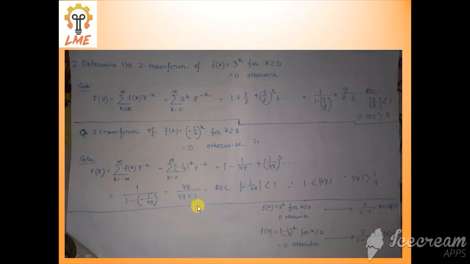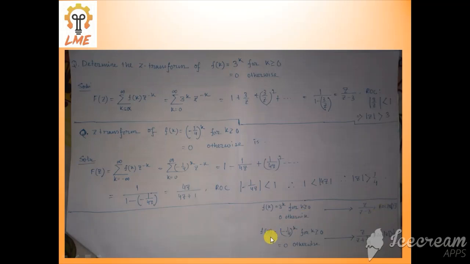So these two I have concluded here. If f(k) is equal to 3 to the power k for k greater than or equal to 0, or 0 otherwise, the z transform you can directly write as z by z minus 3, and it will exist only when mod z is greater than 3.